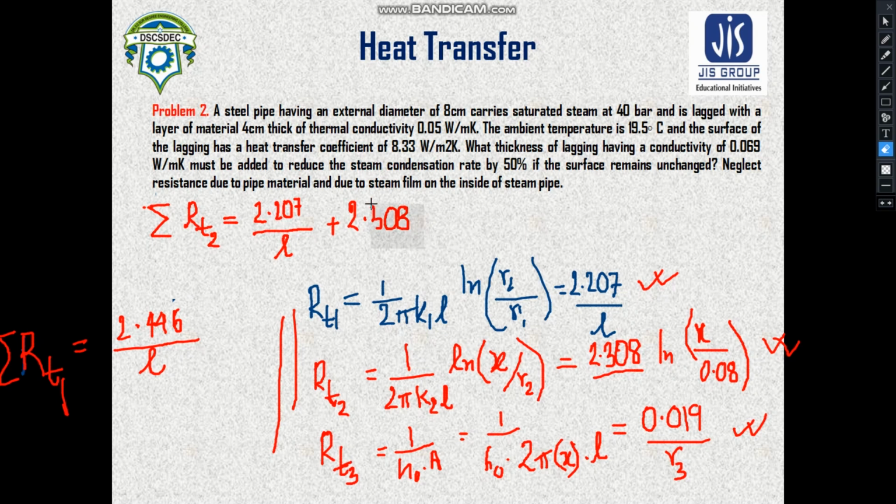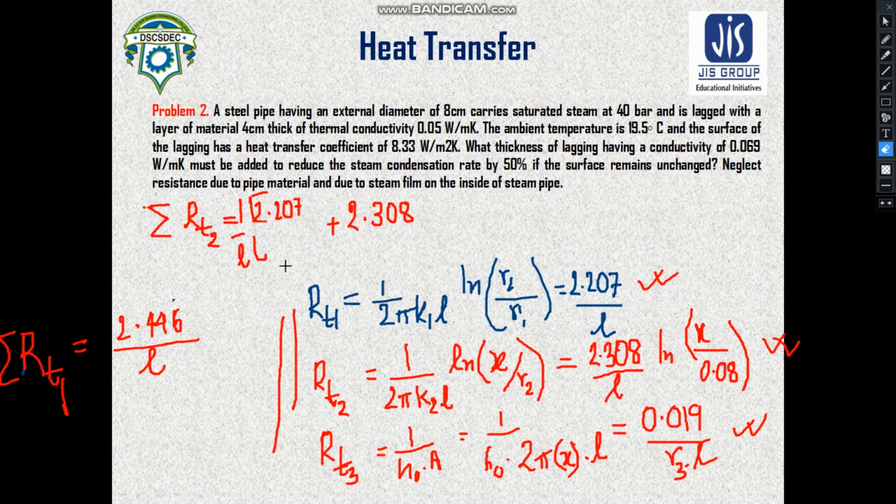I am sorry, I have missed this L in both the cases. So you can take this L as a common factor. We can take this 1 by L, so it would give us this value.